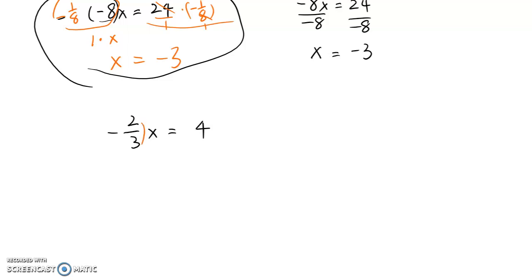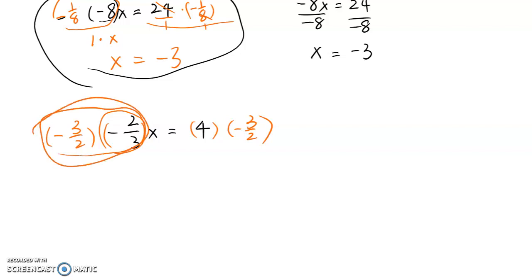So I will multiply both sides by the reciprocal of negative 2 over 3, which is negative 3 over 2. That is equivalent to dividing by negative 2 over 3. Okay, so on the left side, this part will give us 1. That will give us 1x, or 1 times x. 1 times x is just x.